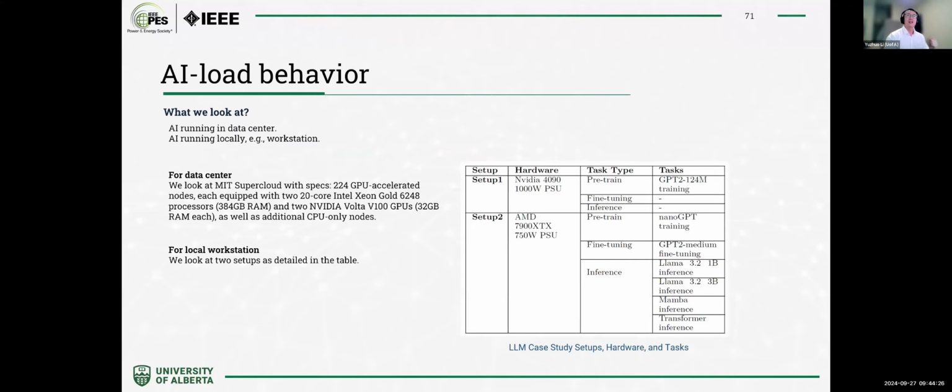For the data center, luckily we found a data set from MIT SuperCloud, with hundreds of GPUs and over 7 months of data recording, so there is a lot of information there. For the local workstation, we set up our own hardware based on NVIDIA GPUs and AMD GPUs, mainly dealing with different AI computation stages for small language models.